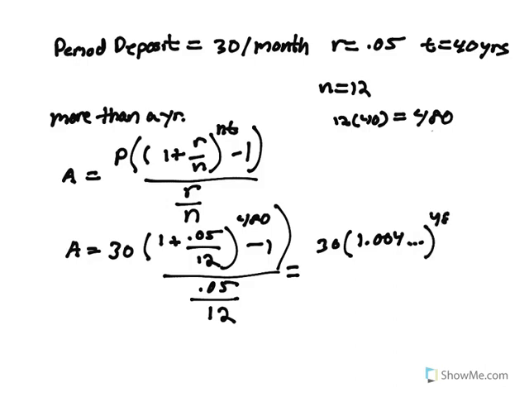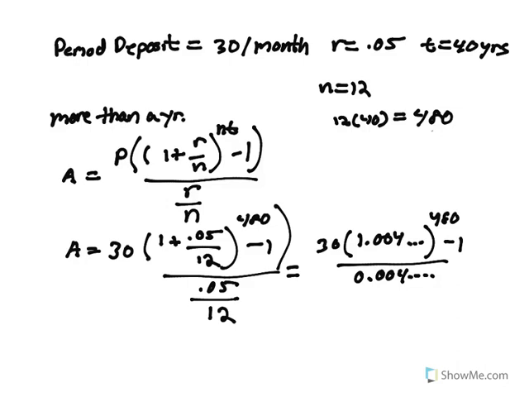And we're going to raise that to the 480th power. And then of course the bottom, 0.05 divided by 12, should give me 0.004, etc. I'm going to use whatever values are given on the calculator. Don't truncate or round anything.